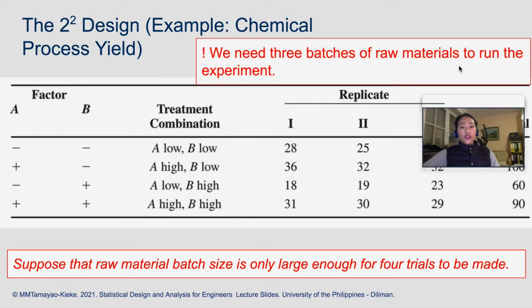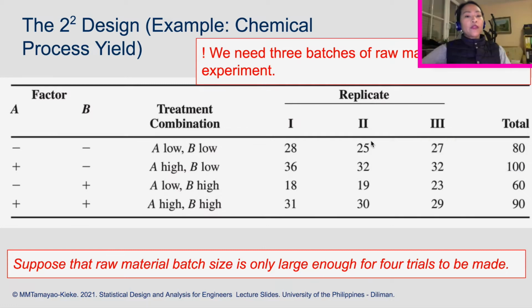For this situation, we need 3 batches of raw materials to run the experiment. Now, with the 3 batches of raw materials, there could be some variation across the batches. Therefore, it is logical to block with respect to the raw material batch. And we can treat each replicate as a block, because the batch size is enough to run all the treatment combinations for one replicate.